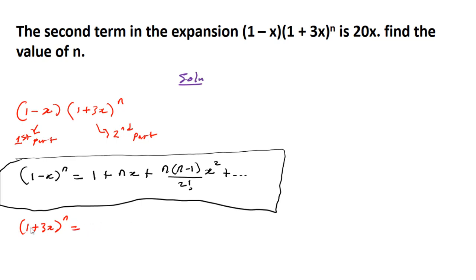Since the first term is 1, this will be 1, then plus nx. Remember that x is single here, so it is 3x, so you multiply it with 3x. Then plus n times (n minus 1), over 2 factorial, which is just 2, and then 3x squared. Then plus dot dot dot.